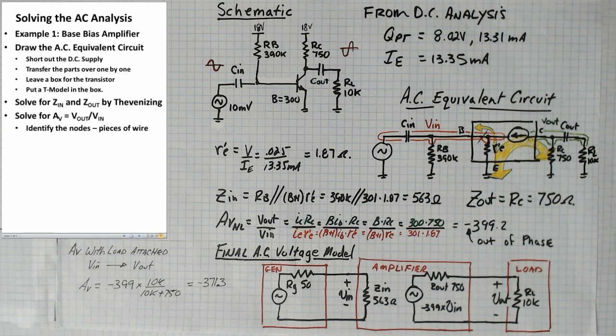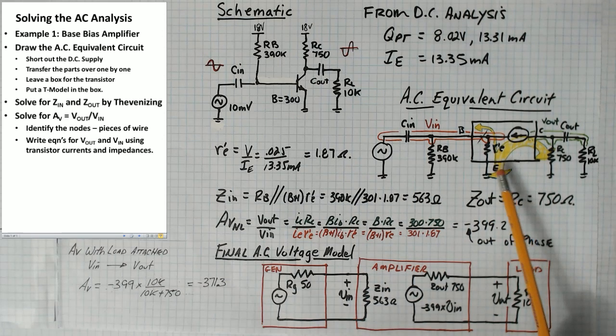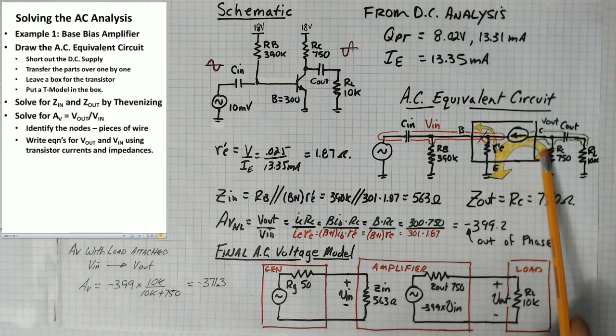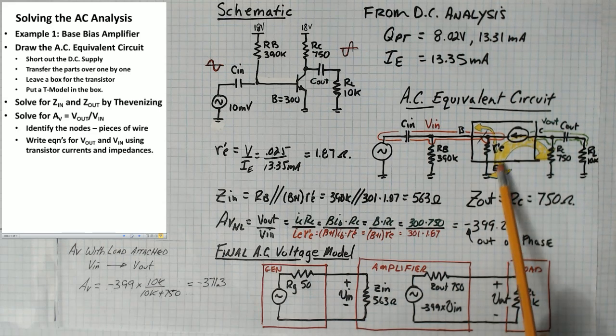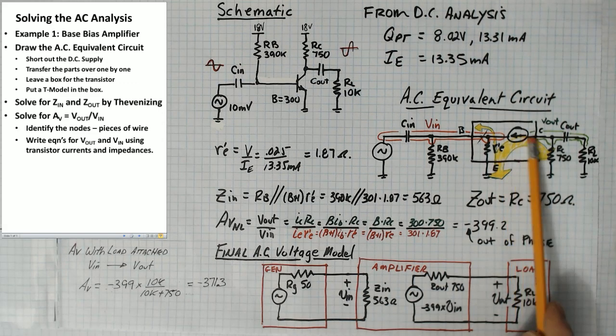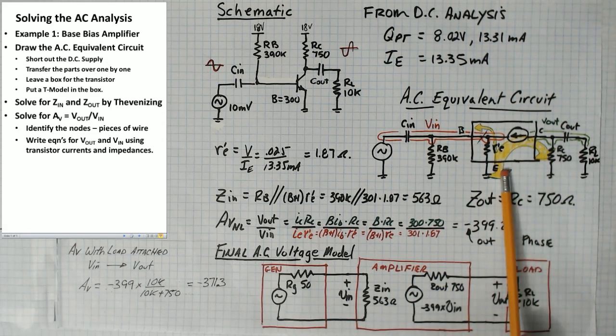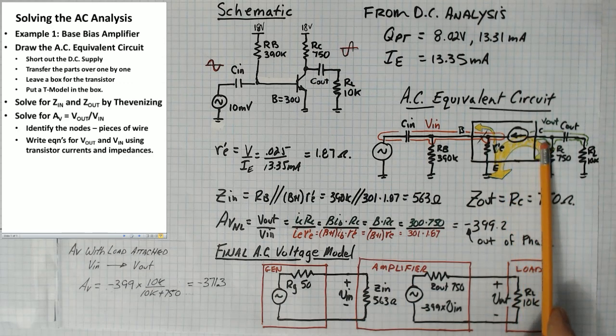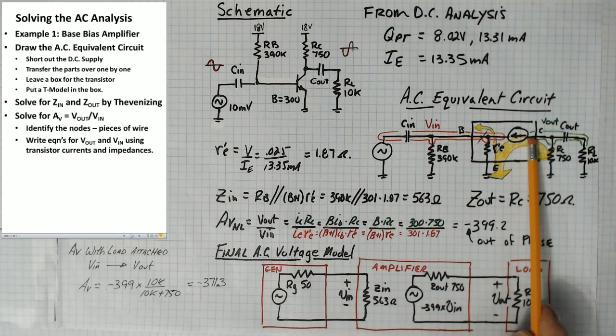Now that we know where they are, we can write equations for V out and V in using transistor currents and impedances. So for example, on V out here, if I'm looking at the current going back and forth, this is the AC equivalent circuit, so the currents are all the changing stuff. The current's going back and forth between the collector and the emitter. And what comes out of the collector here is IC.